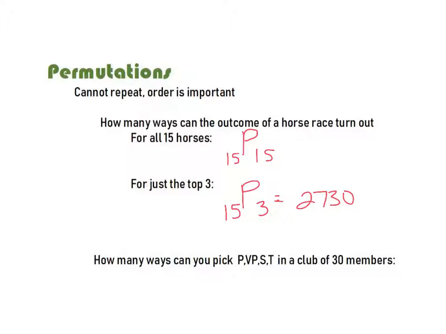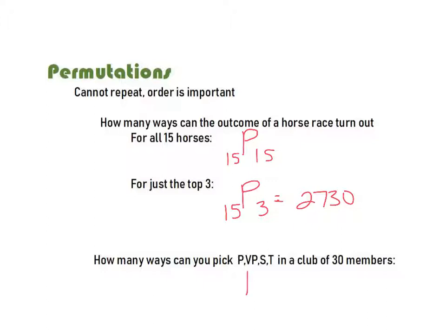The next one, how many ways can you pick a president, vice president, secretary, and treasurer in a club of 30 members? Here, order is important. It's kind of a big deal to be the president, so that's different than being elected to be the treasurer. So the order of those is important because those different offices represent different things.